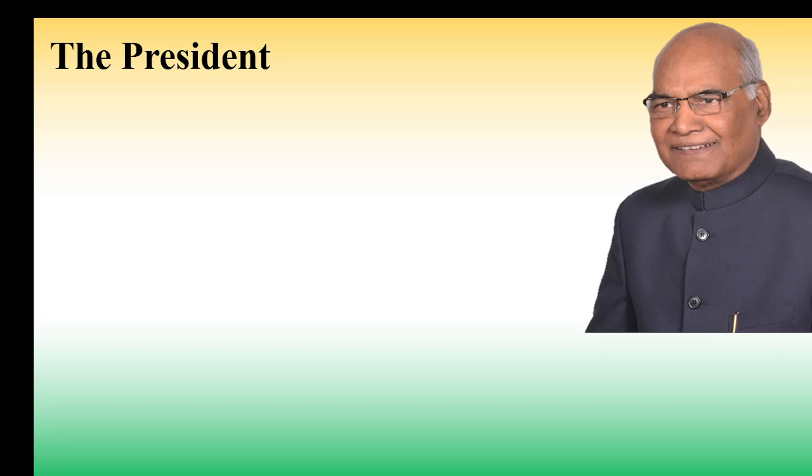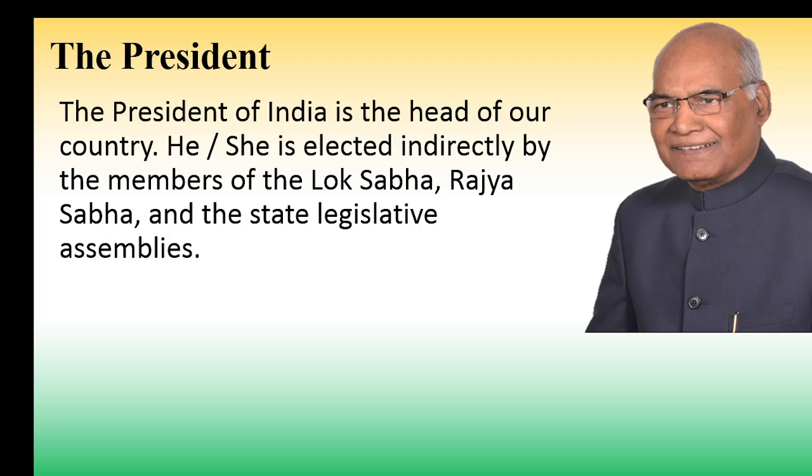Now we are going to learn about the important members in the central government. The President of India is the head of our country. He is elected indirectly by the members of the Lok Sabha, Rajya Sabha and the state legislative assemblies.